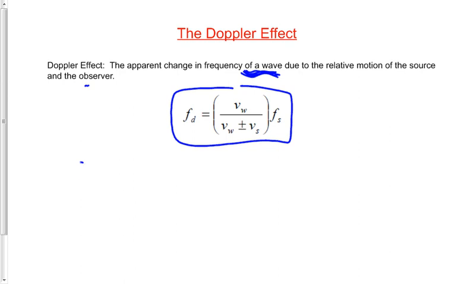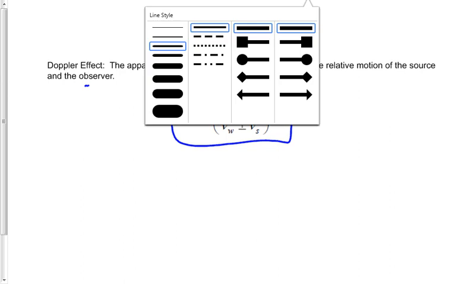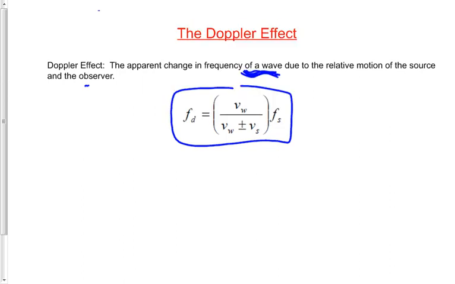F_D is going to stand for what frequency? Well, there's two frequencies here, right? There's the actual frequency, the frequency that the fire truck made, and then there's the frequency that we hear, that we perceive, or the apparent frequency. F_D is going to stand for what? F Doppler, yes.